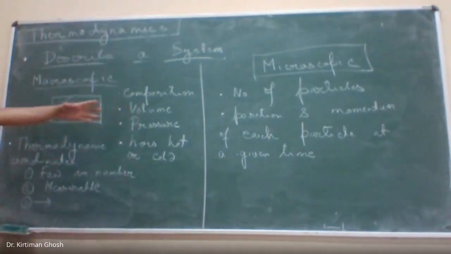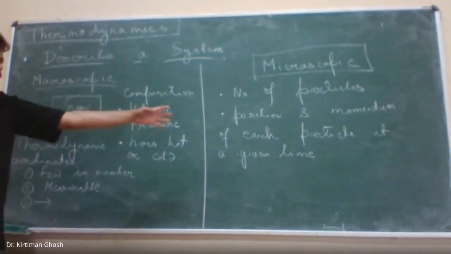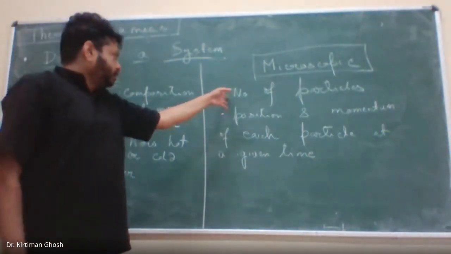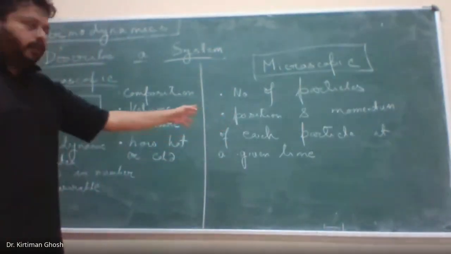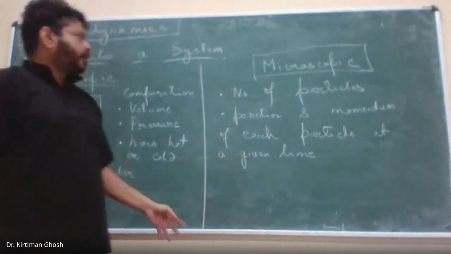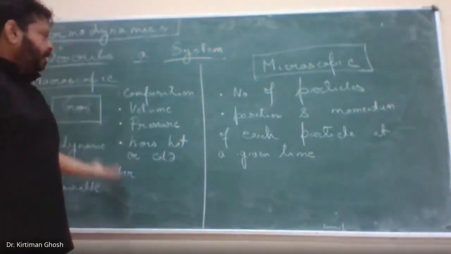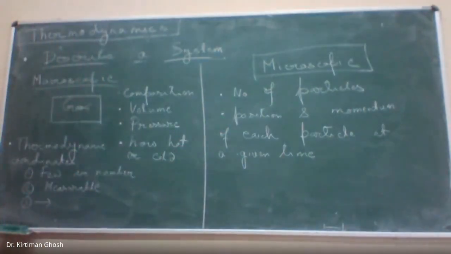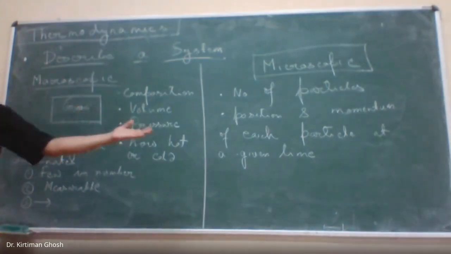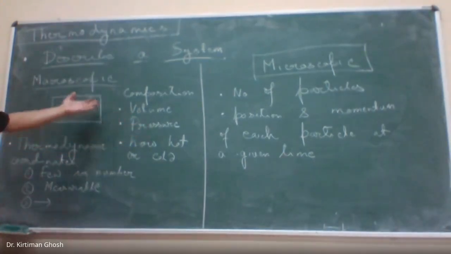And obviously you understand that these questions we cannot answer, we cannot actually measure. If you are describing the system by the number of particles and the exact position and momentum of each particle at a given instant of time, you understand that possibly you cannot answer this.